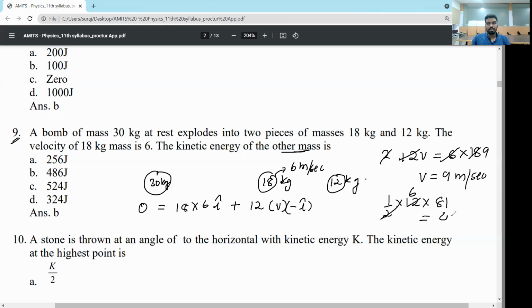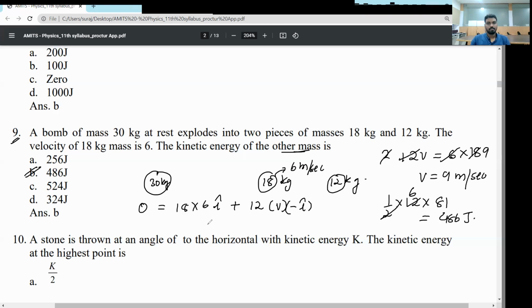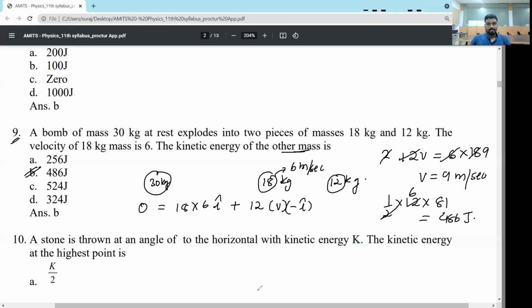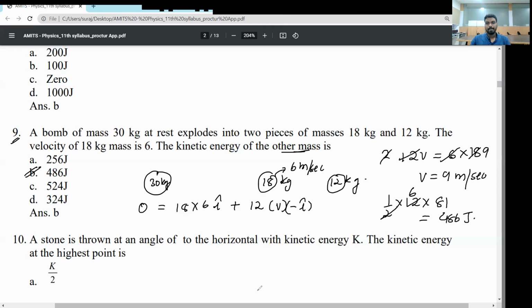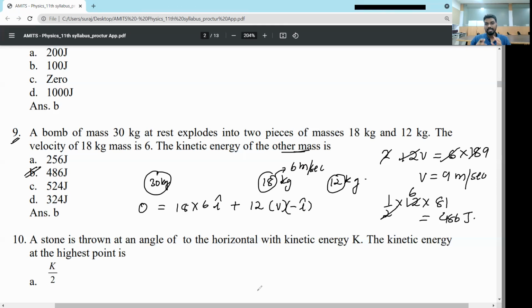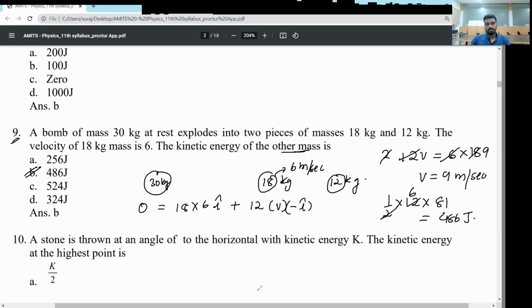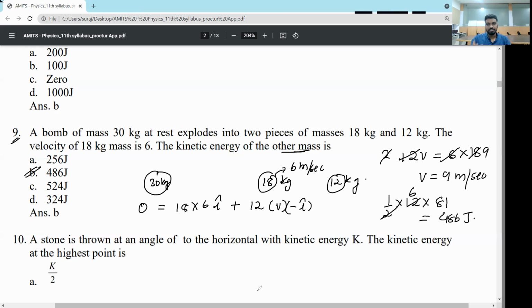So answer will be 486, option B. Once again, keep in mind, whenever there is a bomb-based question, conservation of momentum takes place, but there is no conservation of energy because any explosion will create energy. Final energy will be greater than the initial because it is creating energy.